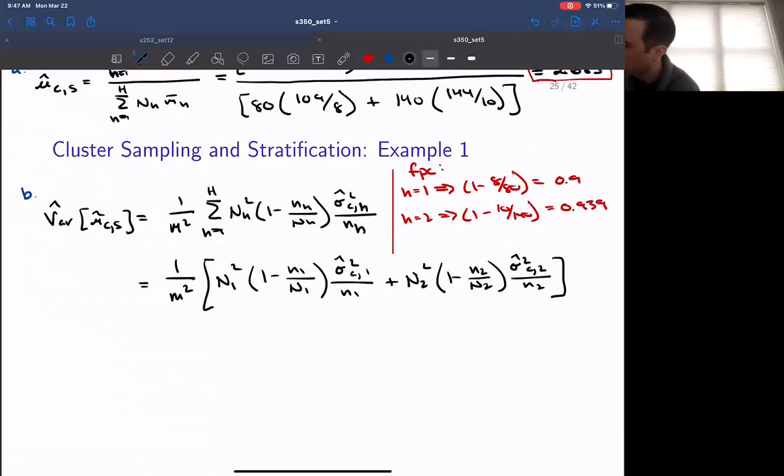Okay, now we also require these sigma hat squared terms.